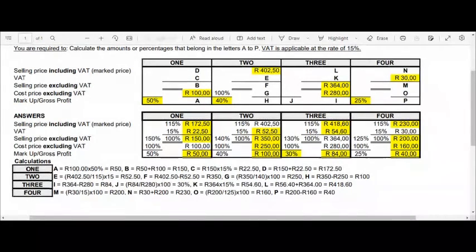So if M is 200 rands, and they're saying that we have a markup of 25%, right? So we've got a markup of 25%, but M, you must remember, is the selling price. So therefore, ladies and gentlemen, if you can type for me the M, what factor does that represent? What factor does the M represent now?